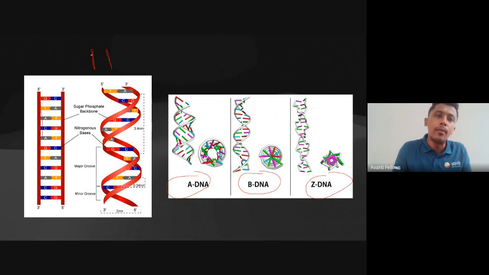This backbone of the DNA is made up of deoxyribose sugar, and what supports it is the phosphate group. So the backbone of the DNA is made up of a phosphate group and the sugar, whereas the base pairs project towards the inside. How do they project inward?